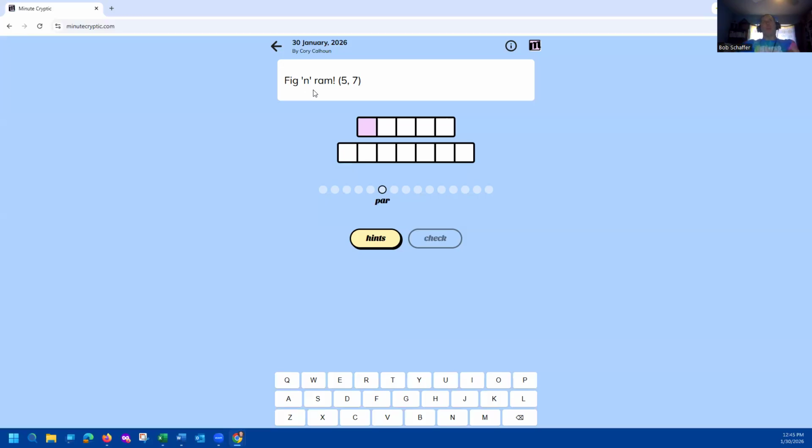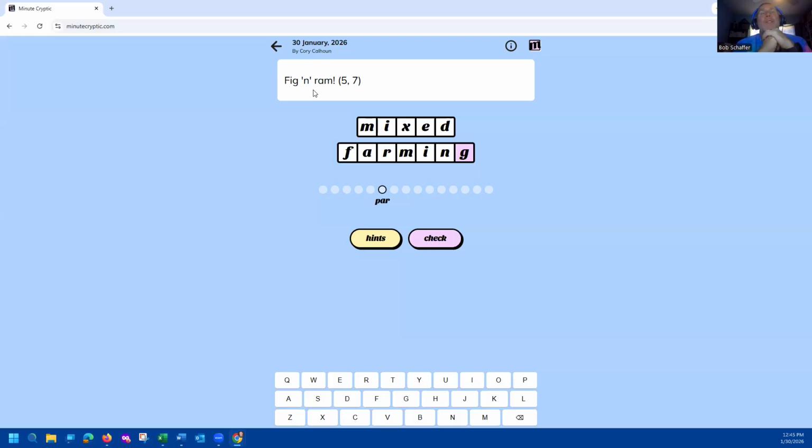So this might be something like mixed framing, for example, would describe what's going on here. Mixed farming. I mean, if you were farming for figs and you were farming rams, like sheep, you would get there.